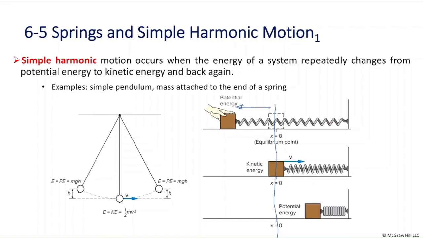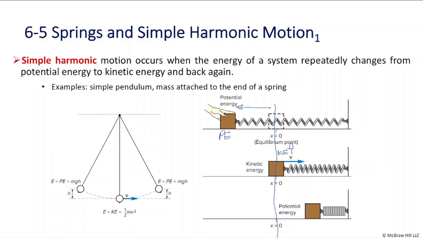And this is the elastic potential energy as we discussed earlier. And when we let go of this mass, it gains kinetic energy and loses its potential energy as it moves back to the equilibrium position. So at this position, its kinetic energy is maximum, just like the pendulum.